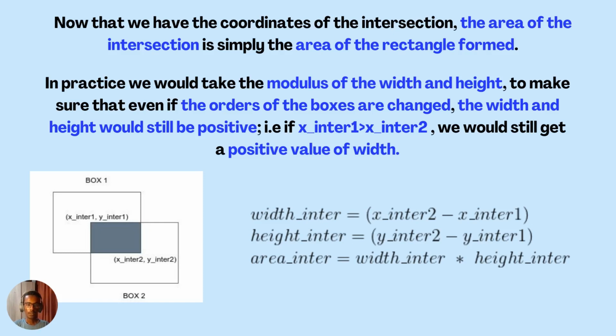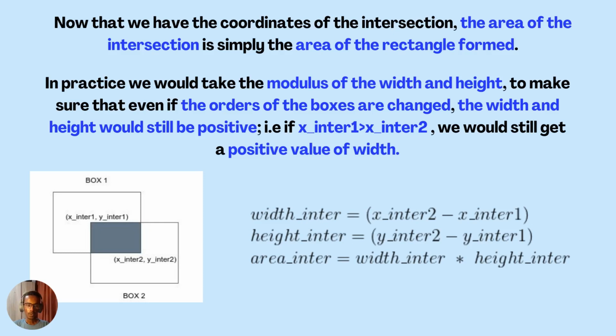Previously we computed the points x inter 1, y inter 1, x inter 2, y inter 2. If x inter 1 is greater than x inter 2, we would still get a positive value for the width if we use a modulus, because x inter 1 might be on the left or on the right, so we need these values to be positive. So we have to take the modulus.